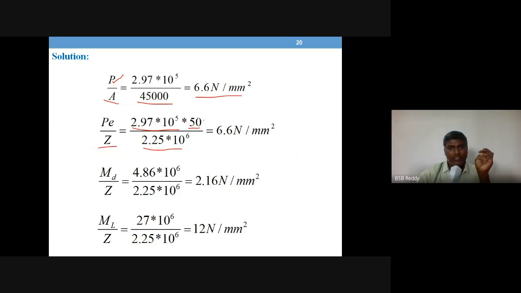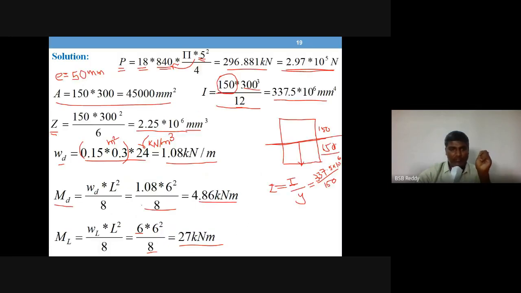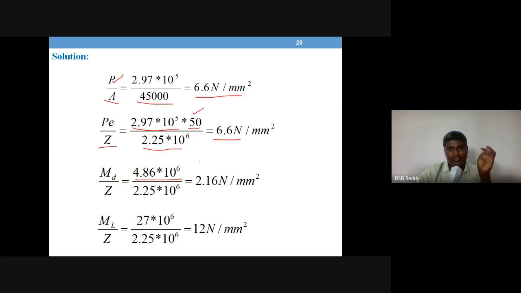So PE by Z will come around 6.6. The dead load moment is already worked out, 4.86 kilonewton meter, so convert that into Newton mm and divide by Z in mm cube, that is 2.16.